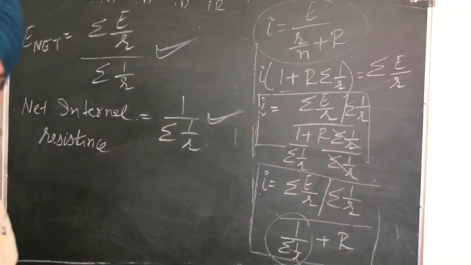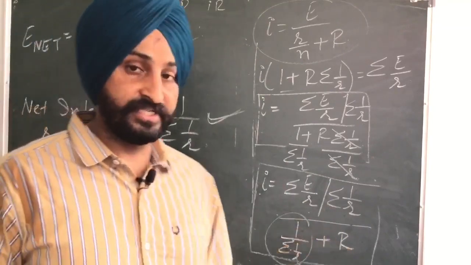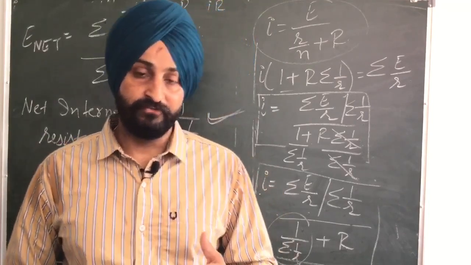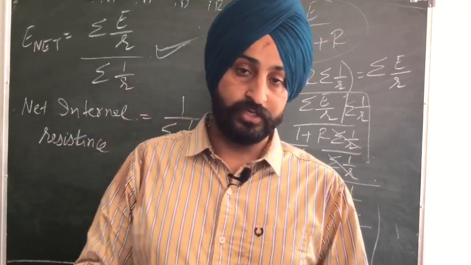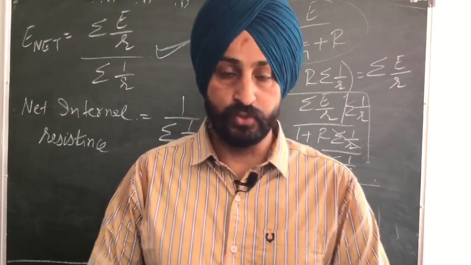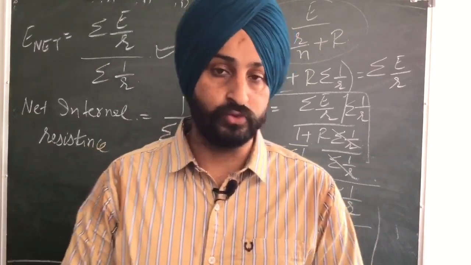See, even if you want to prove that this entire equation is correct, what you can do is, see, what we started with was we took different batteries of different EMFs, E1, E2, E3 and so on, and they had different internal resistances like R1, R2 and so on.